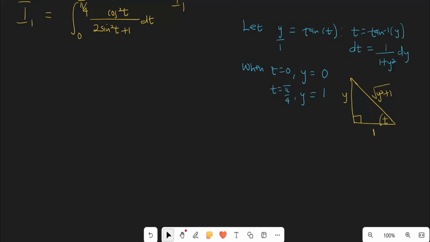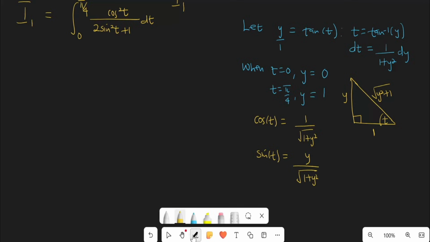Now we can find the sine and cosine of t. The cosine of t is adjacent over hypotenuse, which is 1 over the square root of 1 plus y squared. And the sine of t is y all over the square root of 1 plus y squared. This is the cosine of t and the sine of t in terms of y.